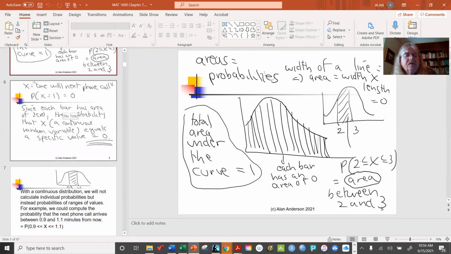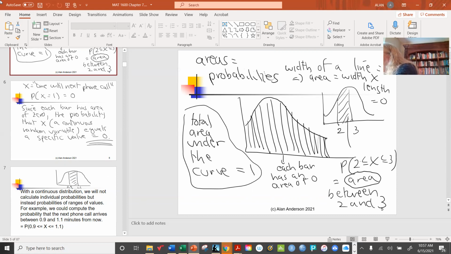All right, so now here's one of the consequences of this, and you might find this to be very disturbing. It suddenly becomes impossible to calculate the probability that x equals a specific value. Instead, we're only going to calculate the probabilities of intervals. Like here, for example, let me throw this into this diagram.